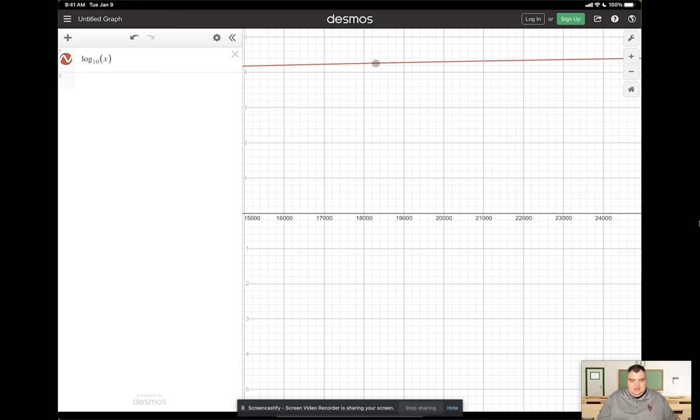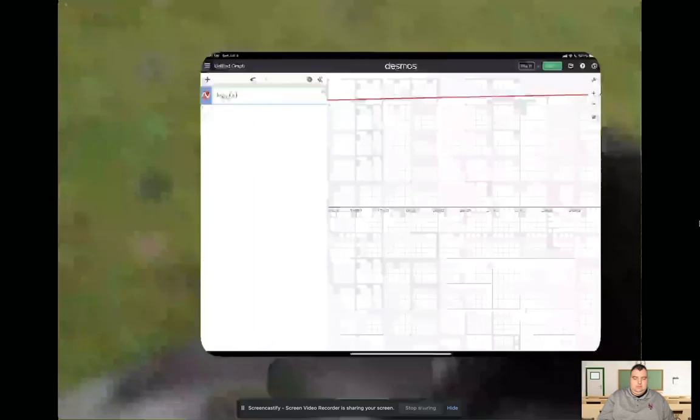Again, if I click on the graph and hold my mouse and drag it along the graph, I can get really close to 20,000. So we're going to say 4.3.